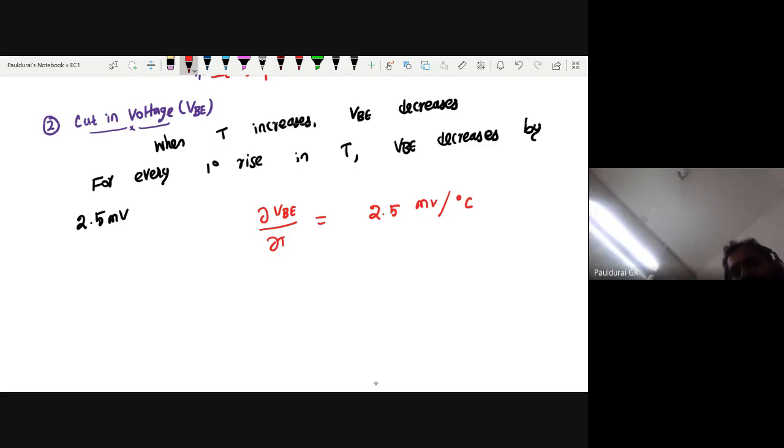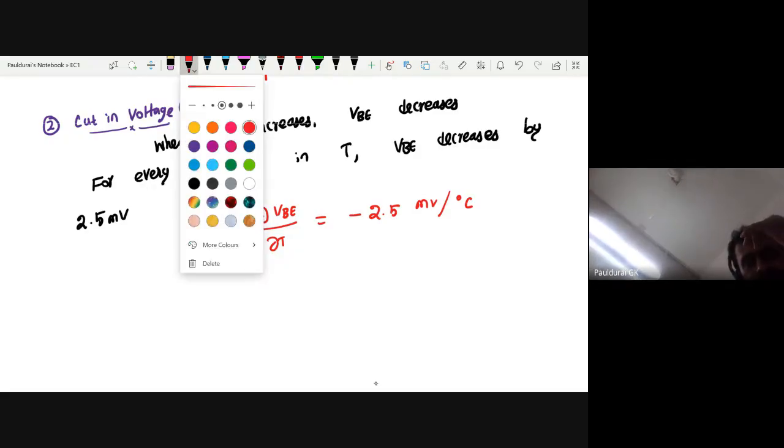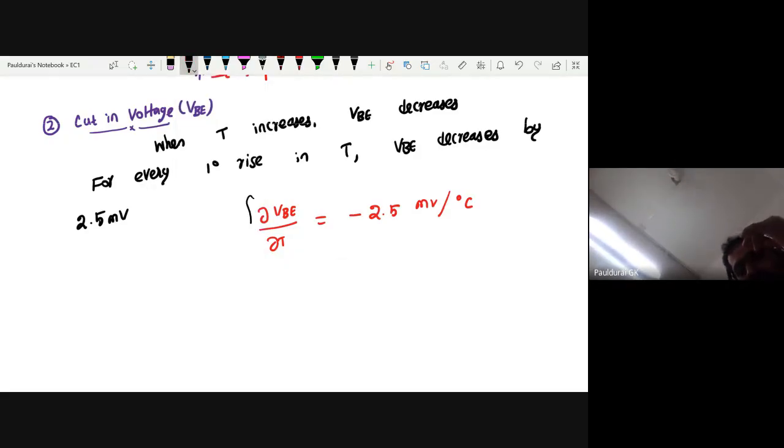Actually, it decreases, so you need to put a minus. This equation is very important, please make a note: the change in VBE with respect to temperature is equal to minus 2.5 millivolt per degree Celsius.